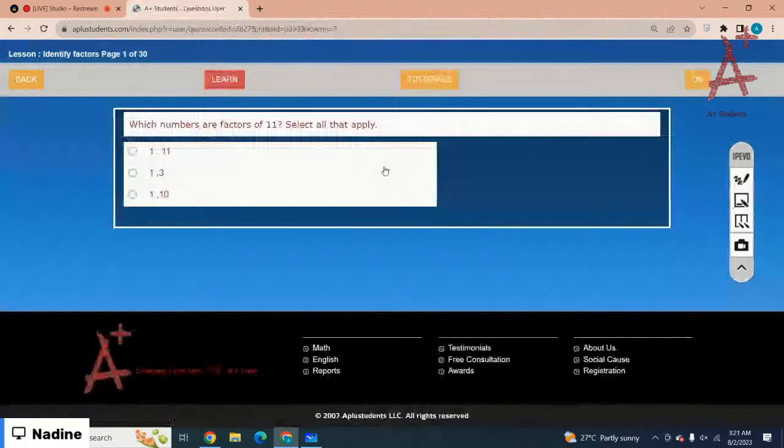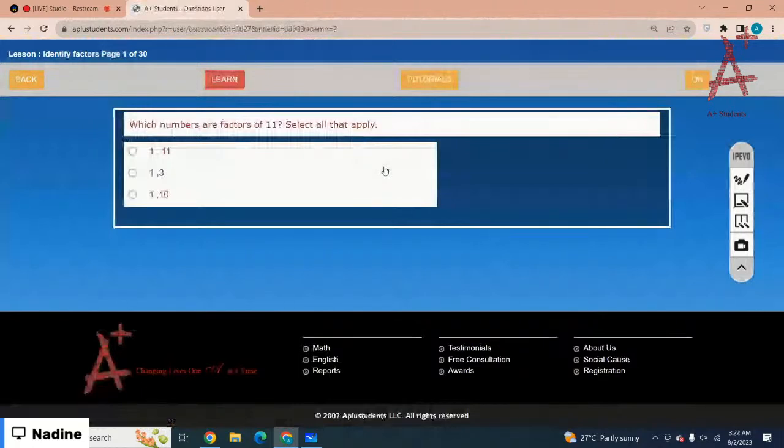Which numbers are factors of 11? Select all that apply. So which is the correct option? 1 and 11 are the only factors of 11, right?